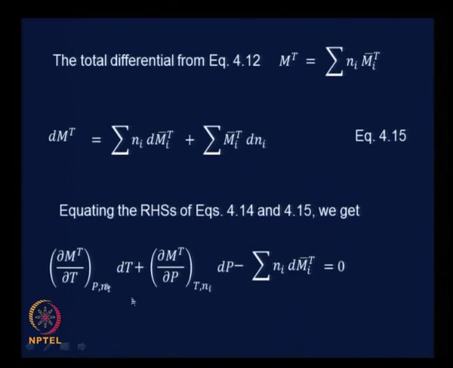Are you able to see something nice here? We will call this equation 416. If you write it in terms of G, you will see that G is a function of T, P and μ. Therefore, you can probably make the connection with something that we have already done earlier.